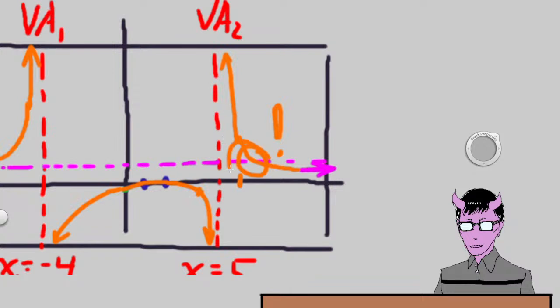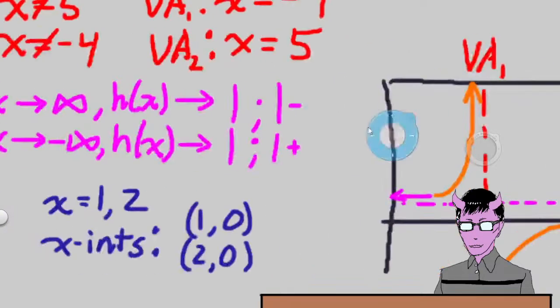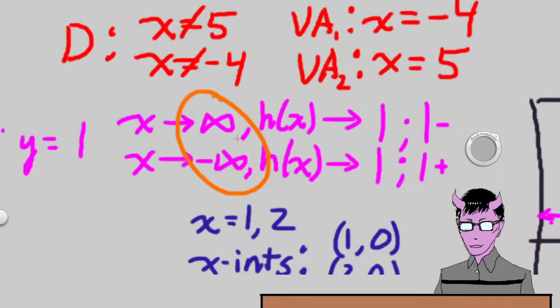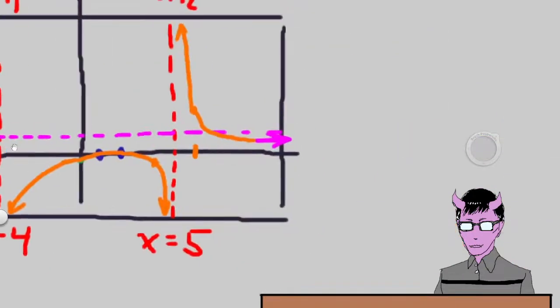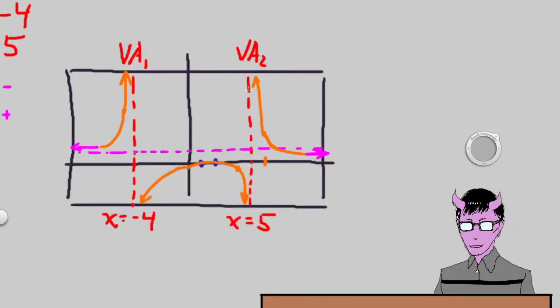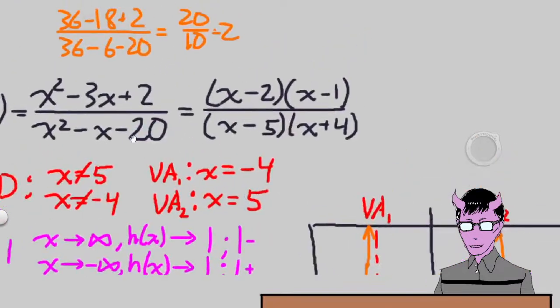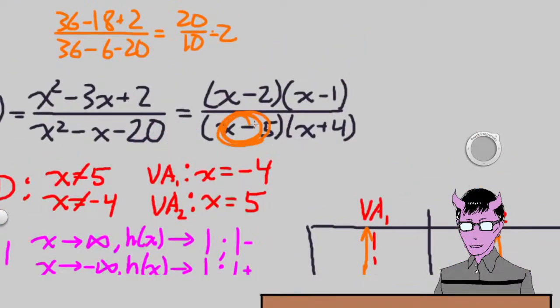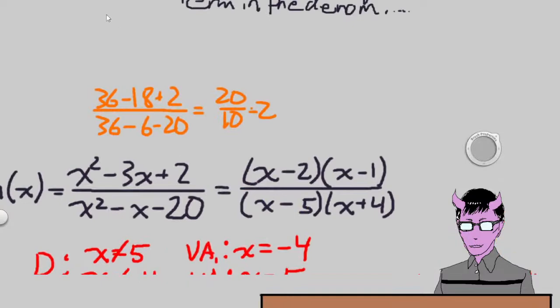So this is actually okay. This is just localized behavior. But horizontal asymptote is just describing long-term behaviors because we're talking about exceedingly huge values. So it is okay to cross horizontal asymptotes. But you can never, ever cross vertical asymptotes because you can never divide by 0. If you try to divide by 0, it will break your function.